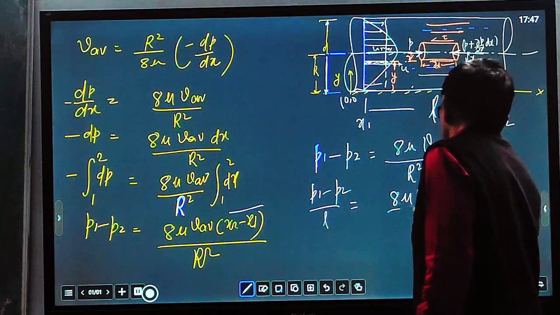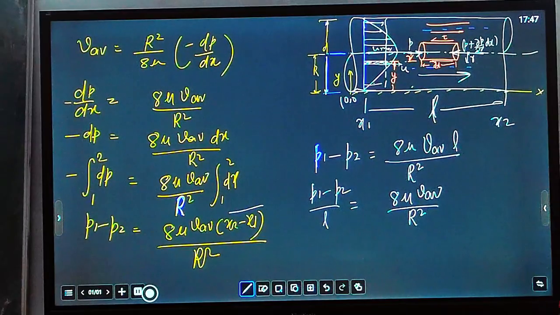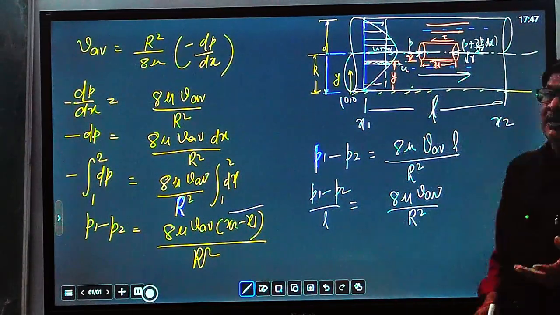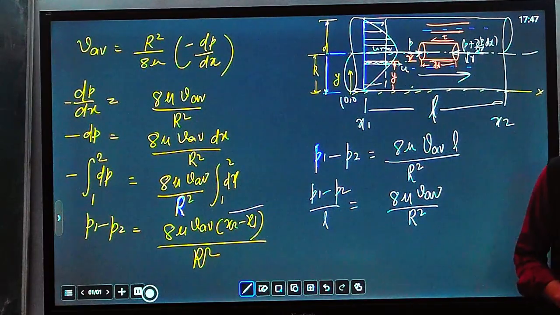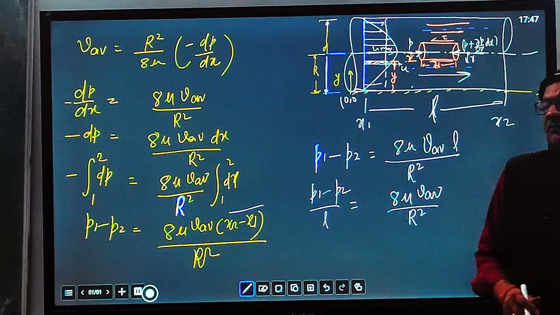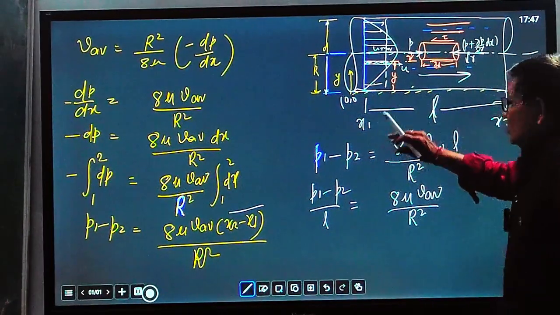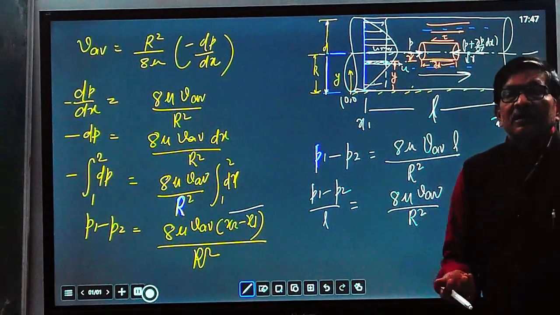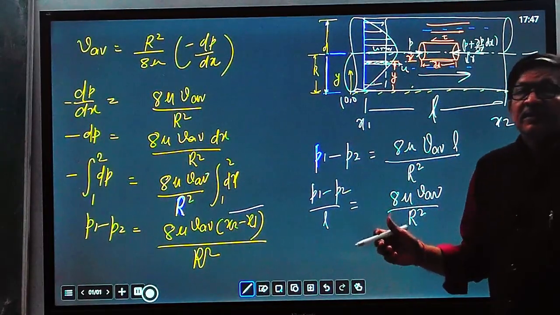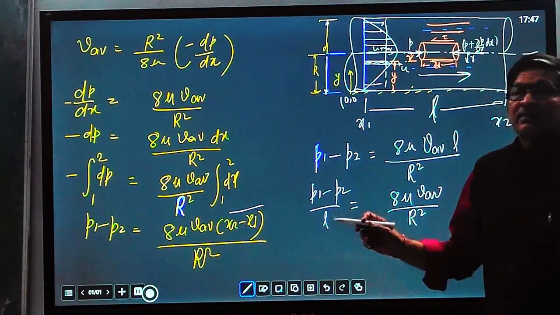Sometimes we have to define this loss of pressure in terms of head loss, meaning the height of the water column. So we divide by the specific weight of the water, omega, and then we get the head loss in terms of the water column.